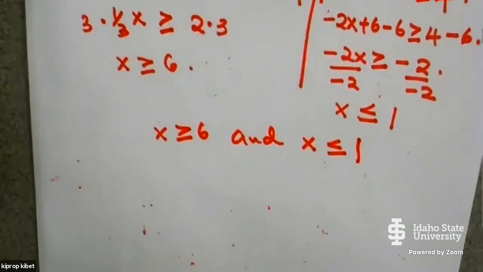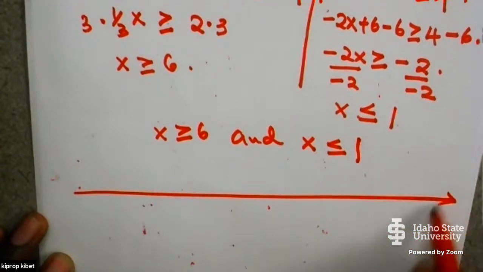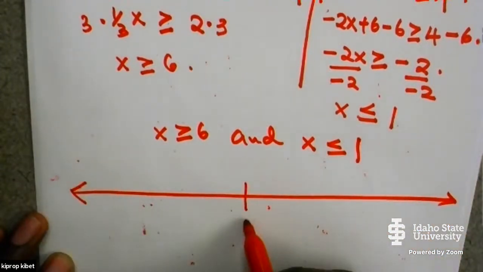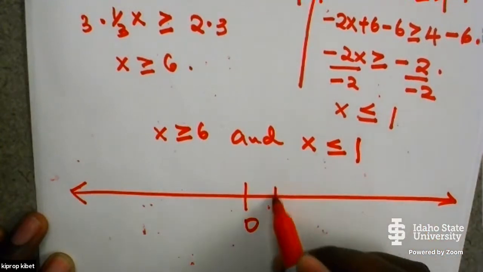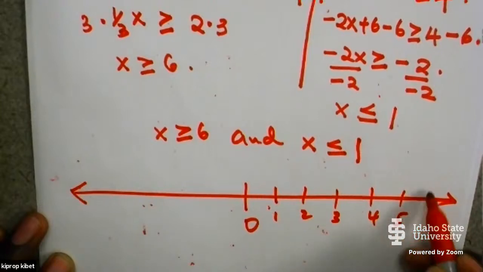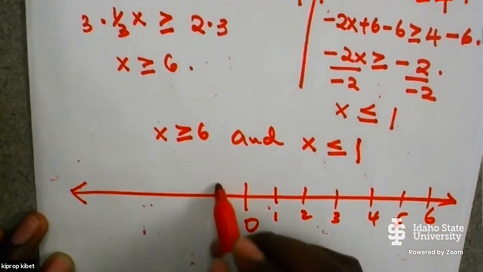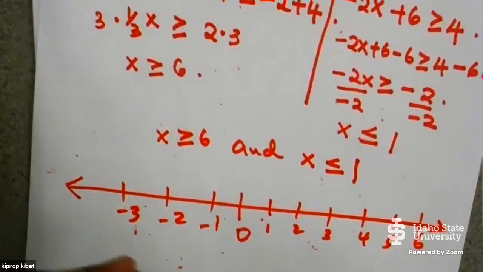Now let's draw the graph. So we need to draw the graph. So this is 0. We can go up to 1, 2, 3, 4, 5, 6, and minus 1, minus 2, minus 3.